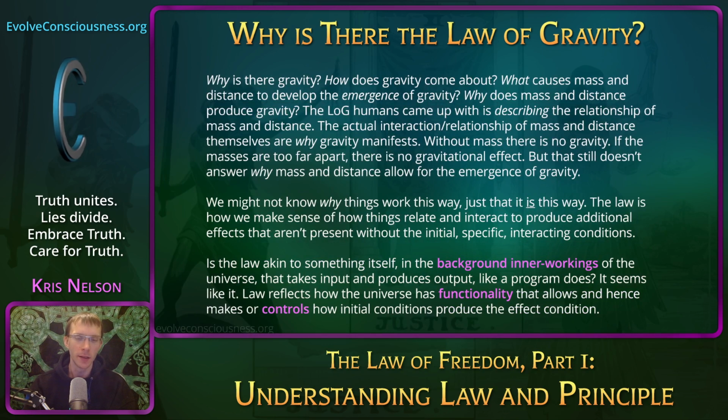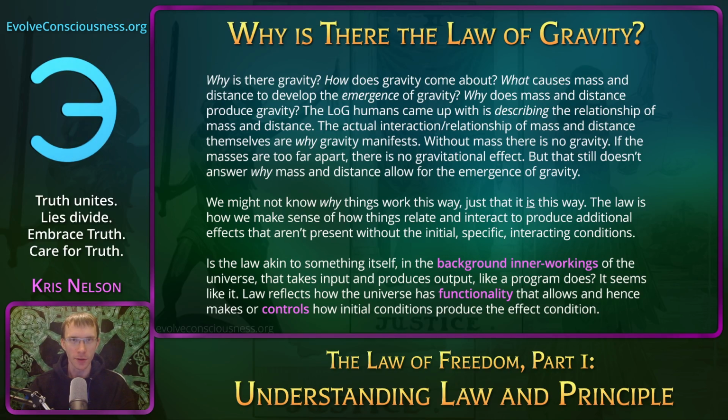It's looked at in the prescriptive theory, the ontological view of laws of nature, as the necessitarian theory of being prescriptive: that it makes things happen, it controls, it governs how the initial conditions produce the effect condition.